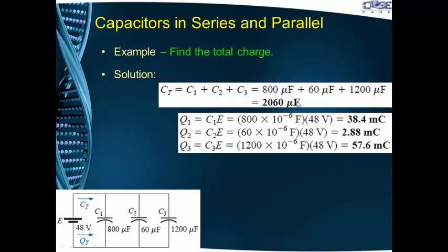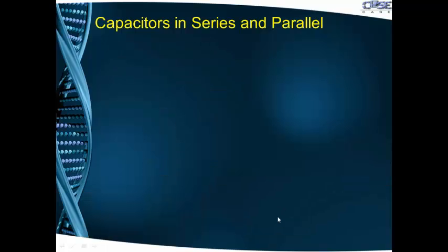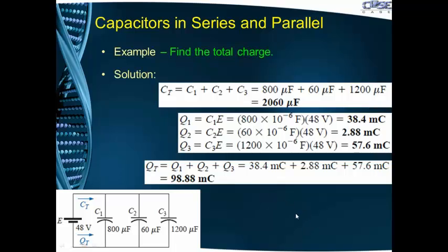And if we know the total capacitance, we can find the total charge by using the formula QT is equal to E into CT.